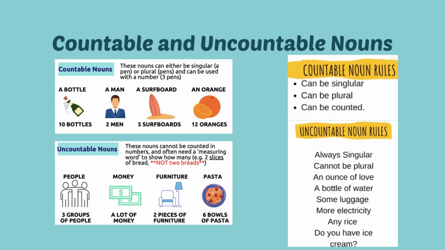Countable and uncountable nouns. So, countable nouns would be nouns like bottle, because you can say 10 bottles. I went to the store and bought 10 bottles of soda.